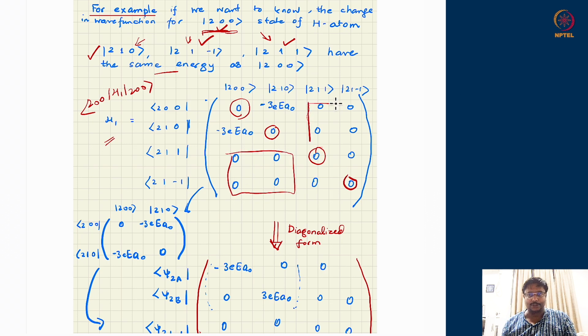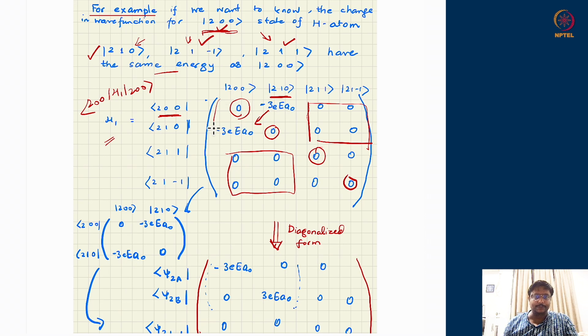The only thing that survives is H1 between 210 and 200, with a value minus 3e a naught, and its off diagonal counterpart between 200 and 210. So these are just off diagonal elements.